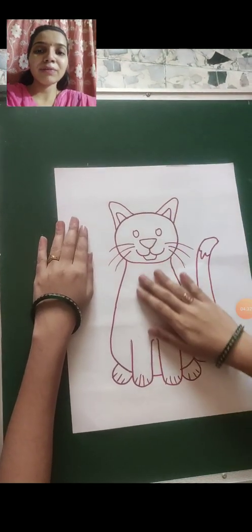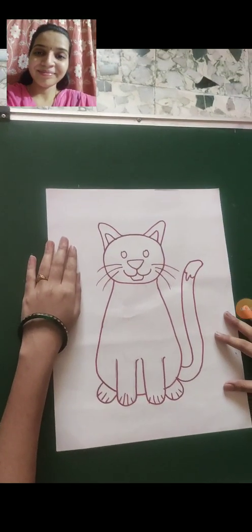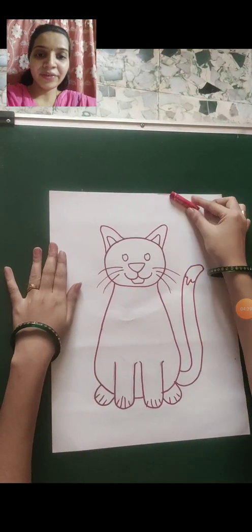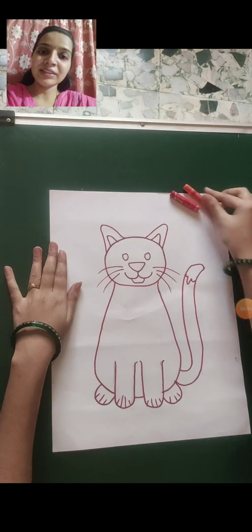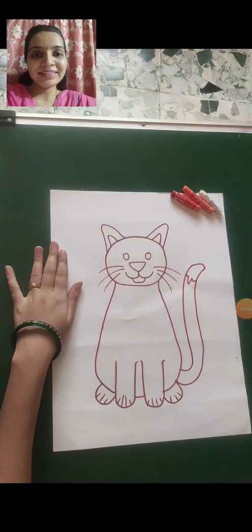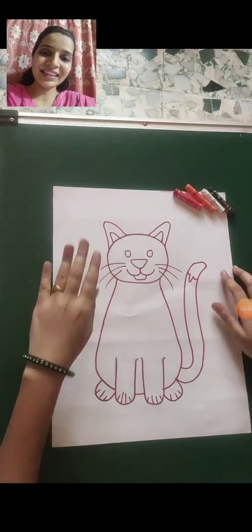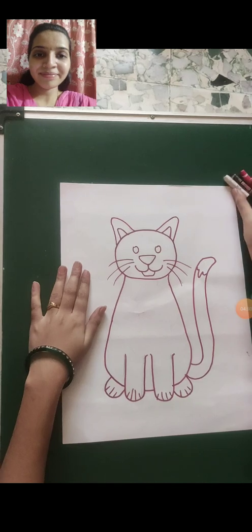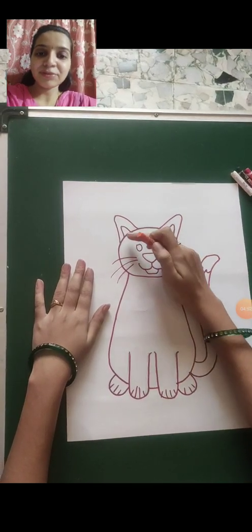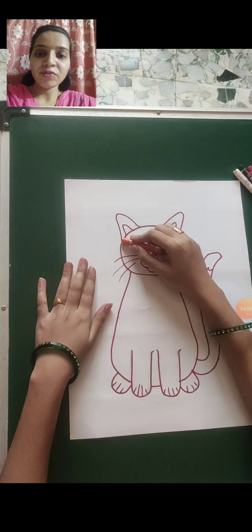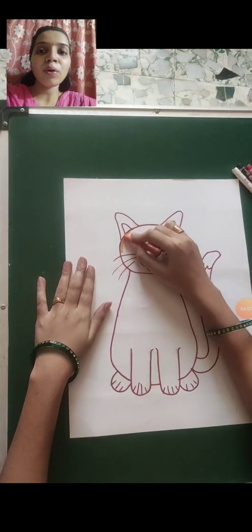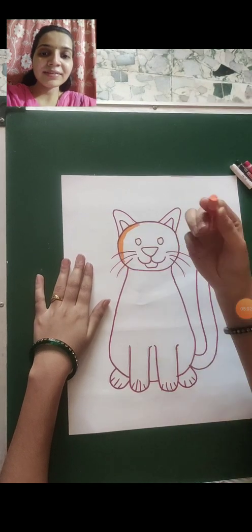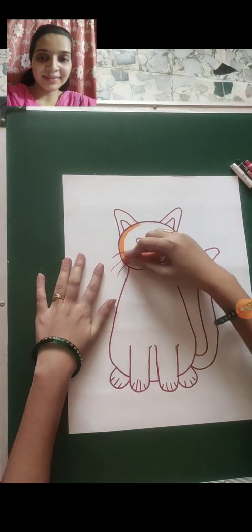Like this you can give an outline to your cat. Now I am using only four colors: red, orange, white and black. Okay. So first I will start with orange color. We will start coloring the face of the cat. First give an outline all over the face. See how I am doing. Like this, give an outline all over the face.